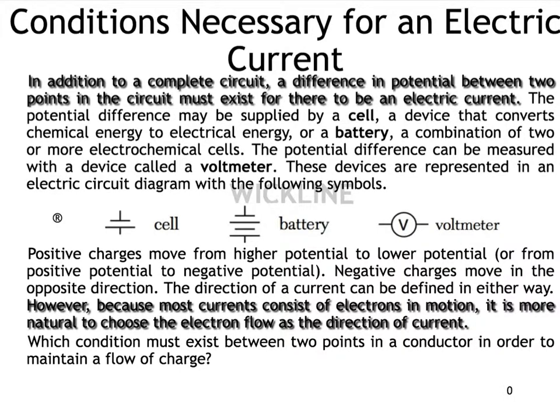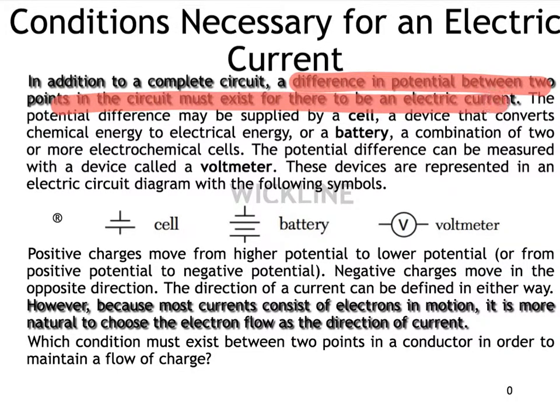All right, so we do need to know the conditions that must be necessary in order to have a current flowing along a wire. So the basics here are that in addition to having a complete circuit or a closed loop, you also need to have a difference in potential between 2 points in the circuit. So what they're really talking about here is voltage, that you need to have a potential difference.